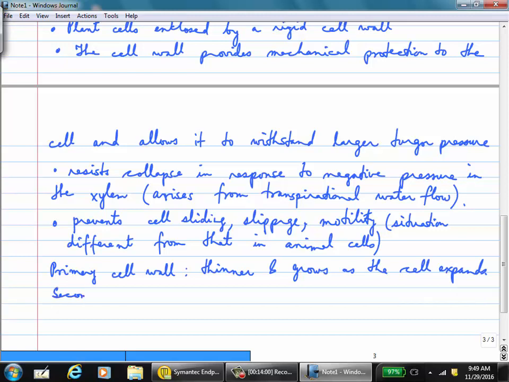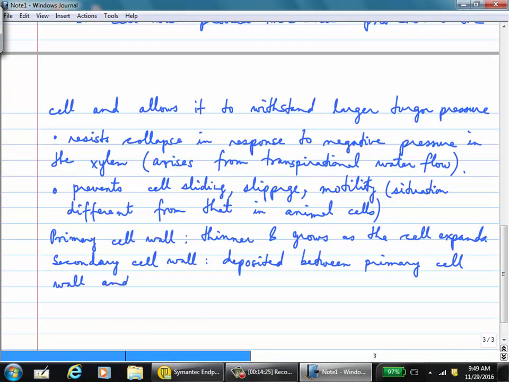So the secondary cell wall is deposited between the primary cell wall and the plasma membrane once cell growth has stopped.